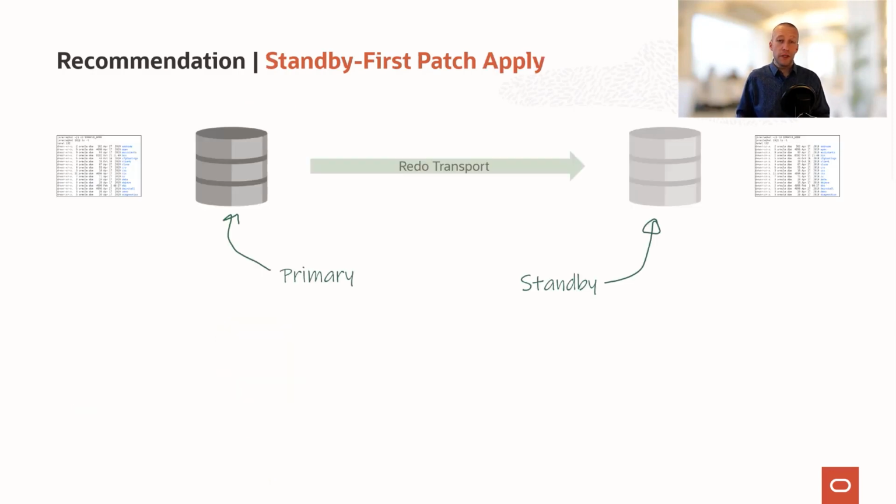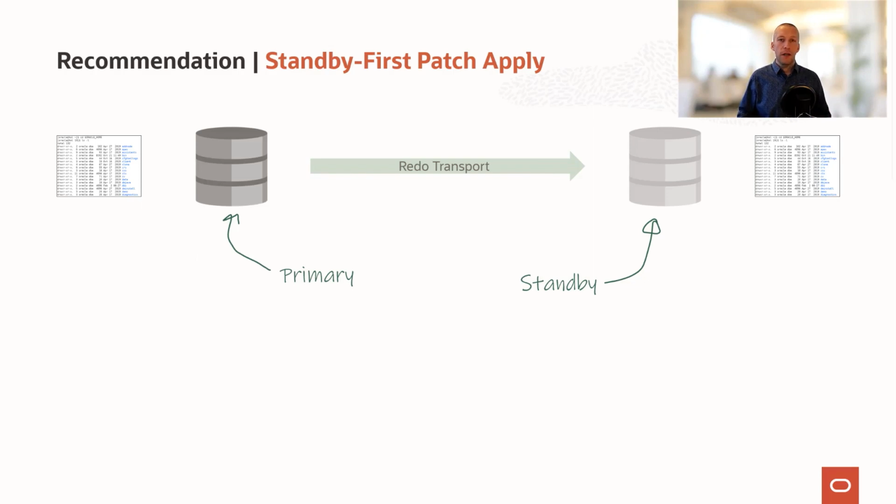As you saw previously, there was downtime when we restarted the database in the new Oracle home. Now, if you have Data Guard, it is possible to patch your database without having to take the database down. How does that work? Well, you have to use what we call standby-first patch apply. And imagine this scenario. We have a primary database and a standby database.